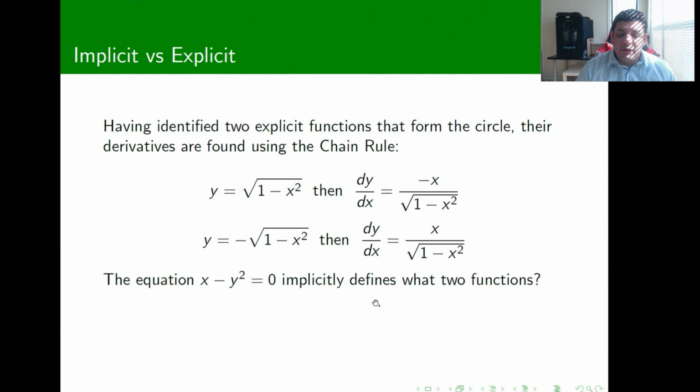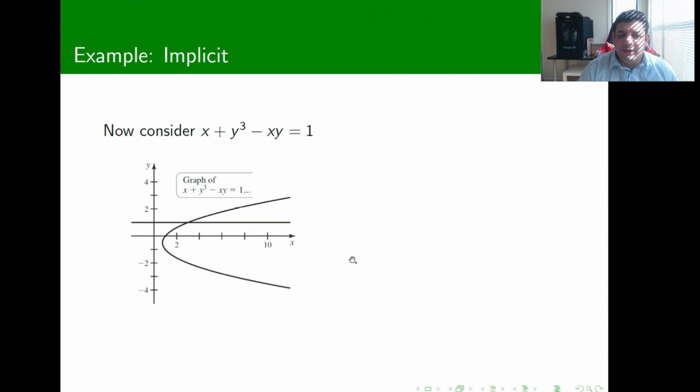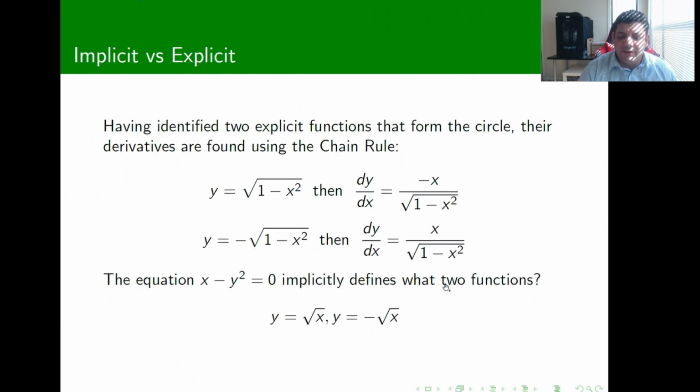Now the equation x minus y squared equals 0 implicitly defines also 2 functions. We're going to find y equals the square root of x and y equals minus the square root of x. So as you can see, finding the derivative for these cases might be a little bit complicated because you are getting 2 functions, and then you have to get 2 derivatives.